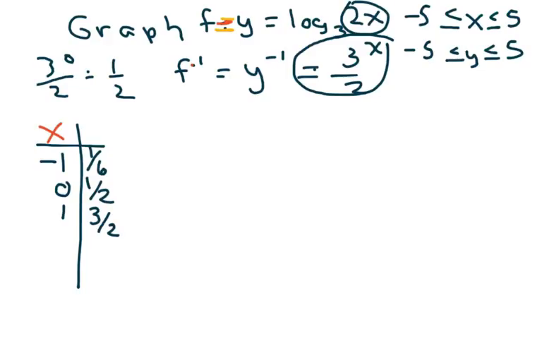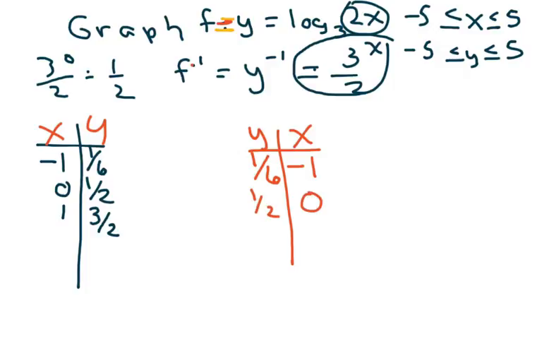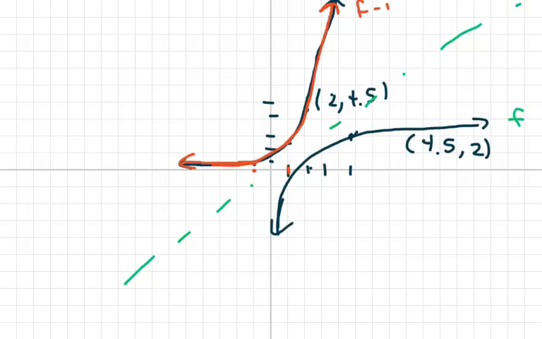What you do to graph the original log is you switch the x and y's. So we're going to switch the x and the y's. And I'm going to put the 1/6 here. It goes to -1. 1/2 goes to 0. And 3/2 goes to 1. And I went ahead and graphed it here. Okay? So there it is.